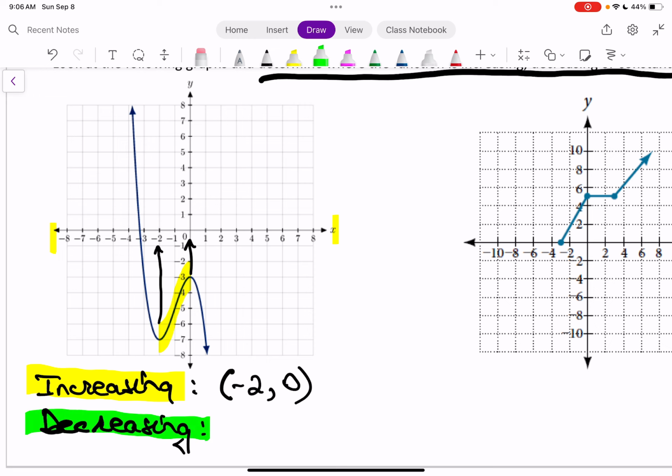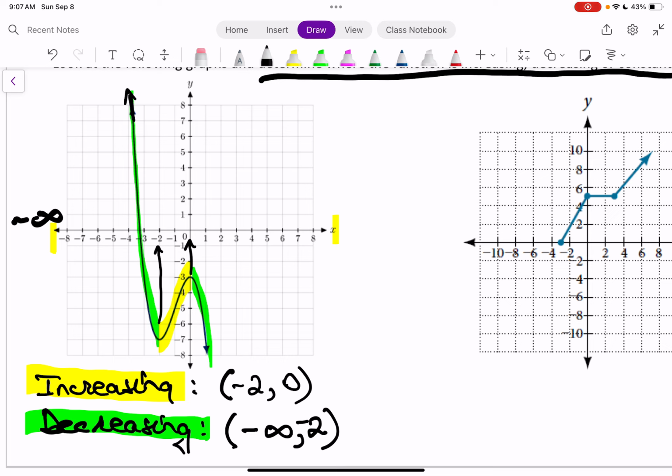Decreasing is actually everywhere else. So here is the function decreasing. It's coming down, down, down up to this point. And then again, on the right side here, down, down, down all the way. Now we would simply write that the function is decreasing all the way from negative infinity up to an x of negative 2, because this graph slowly but surely goes all the way left to negative infinity.